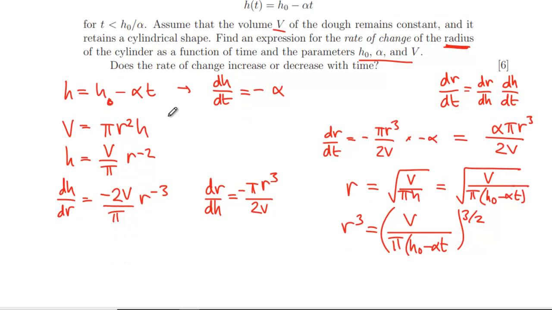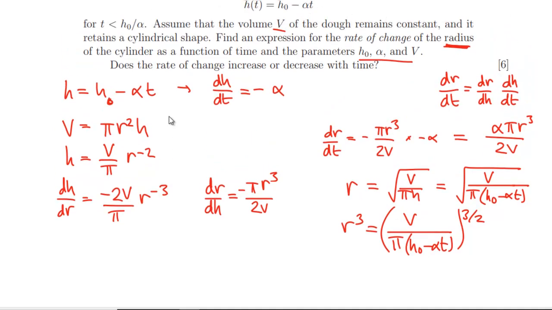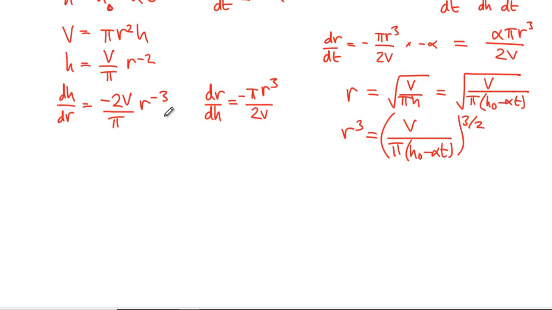Have we got anything else left in this? I think that'll be all right, because they want it in terms of just h0, alpha and v. So when we get rid of this r cubed, we've got alpha and v, and then h0, alpha and v. So all I have to do is put that in.